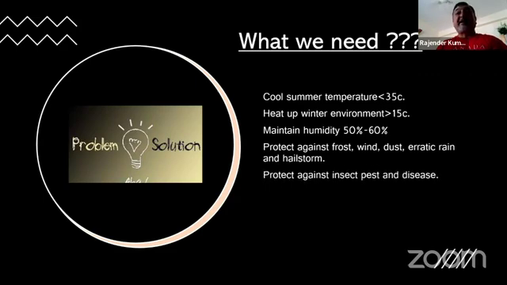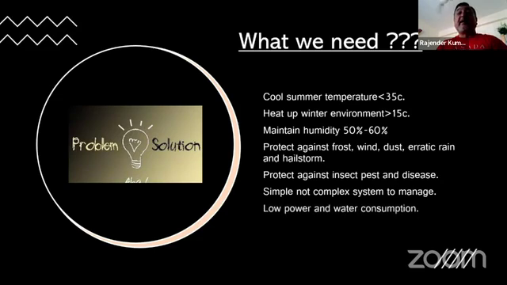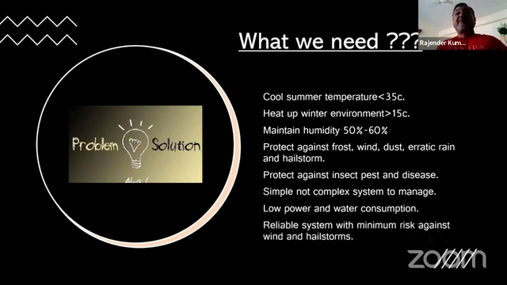Protect your crop against insects, pests, and disease. The structure should be simple, not complex to manage. And power and electricity consumption should be less because both these items are becoming very costly now. And the system should be reliable with minimum risk against wind and hailstorm.